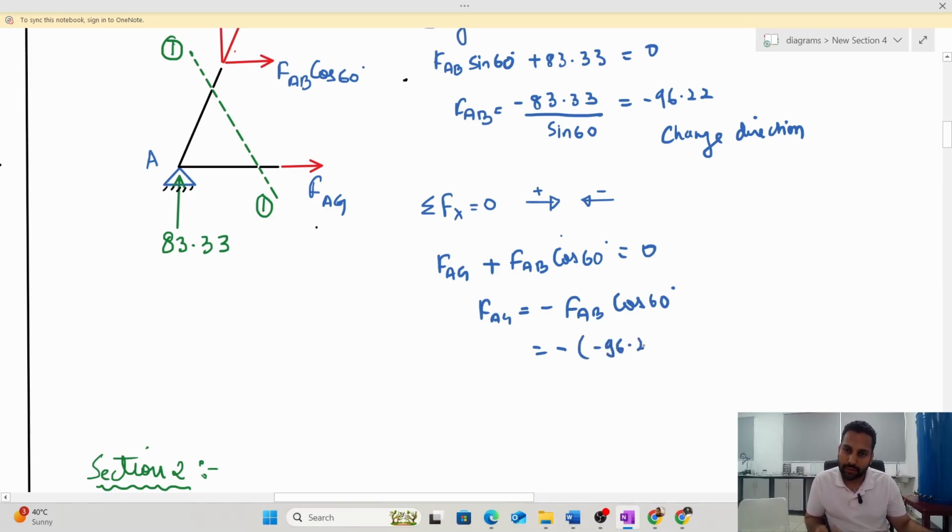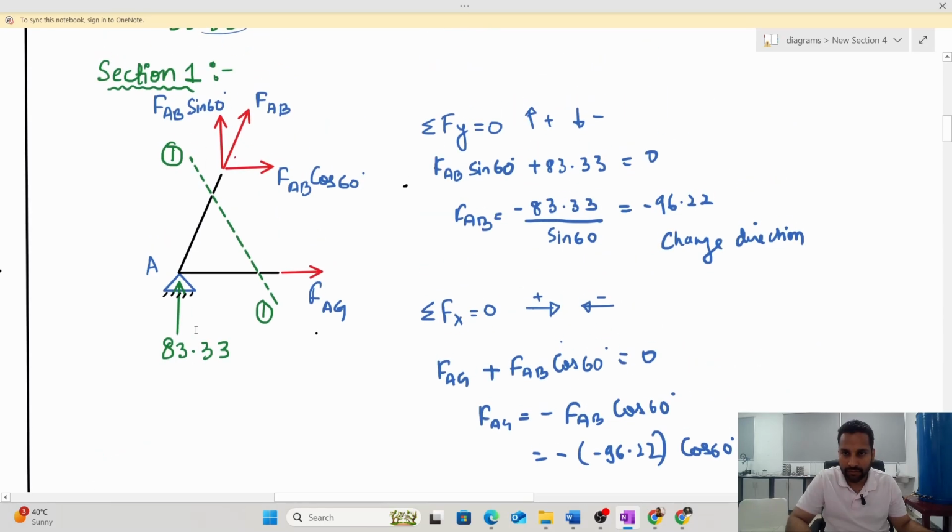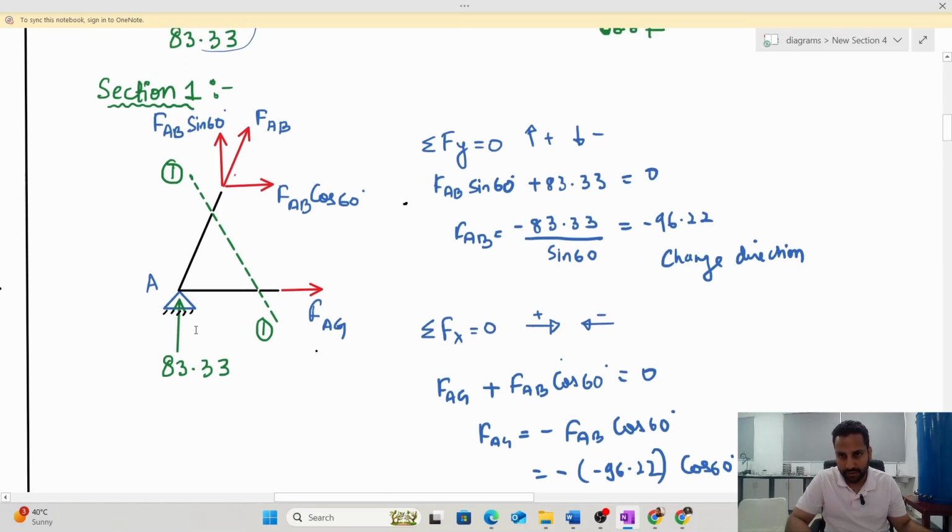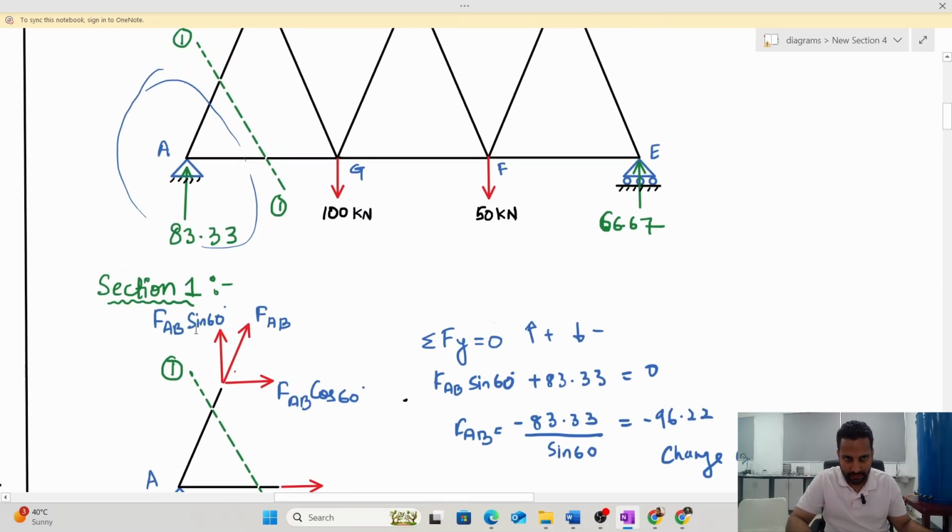Negative 96.22 cos 60, which comes out to be 48.11. So finally you can draw the diagram here, at this section A. What is happening at section A? The force is coming towards A from FAB, because initially we assumed away from the joint. Now you need to make it towards the joint.